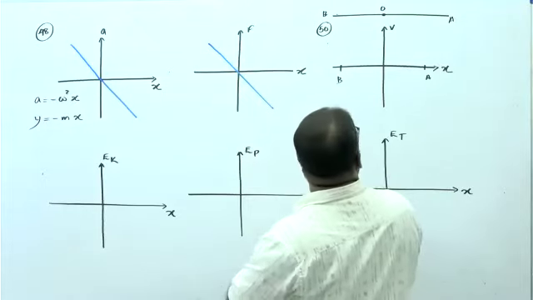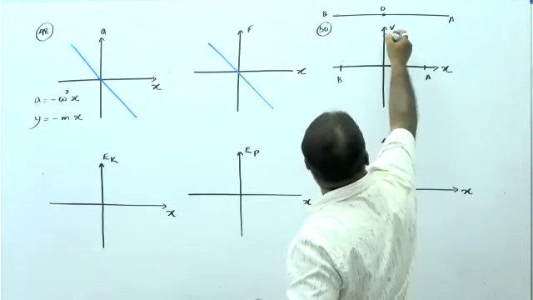At the center of oscillation, velocity is maximum right here.